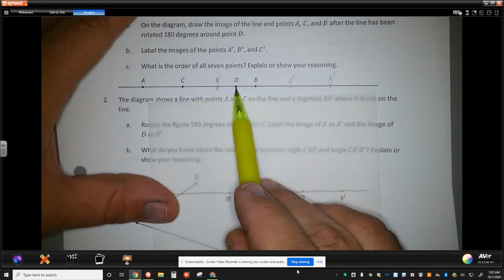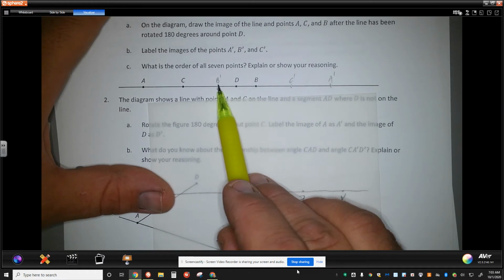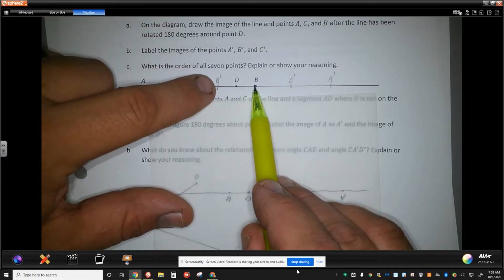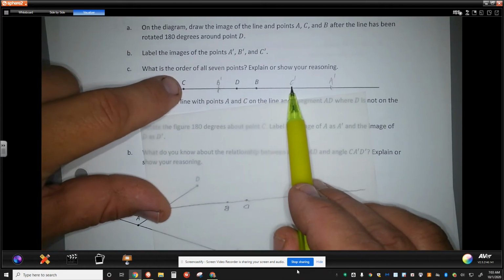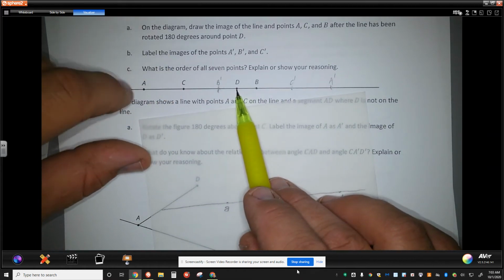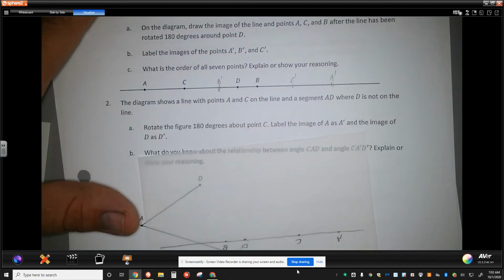I think we can think about the same thing here. It actually appears that point D, we see point B prime and B, they have the exact same distance away from the center. And C prime and C have the same distance from center D, and A prime has the same distance from center D.